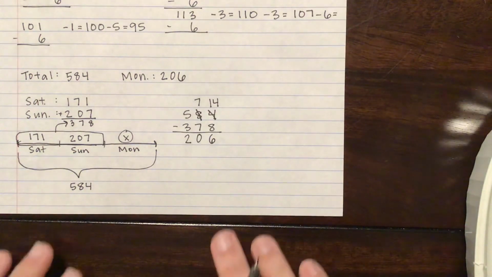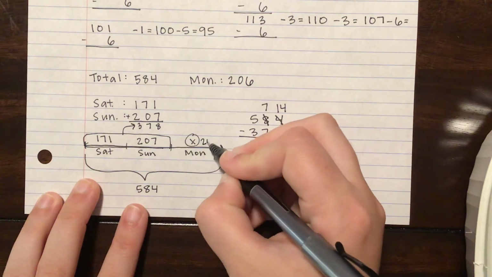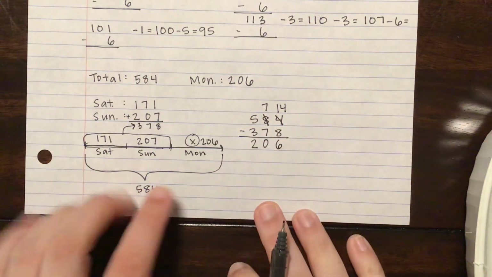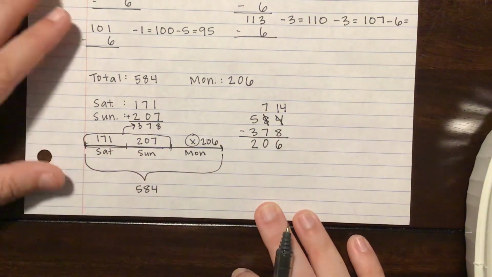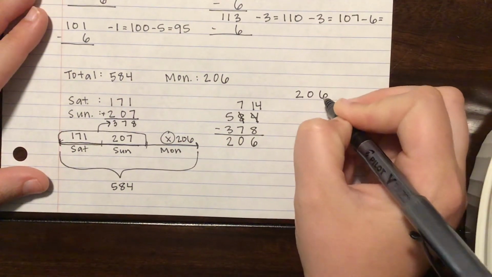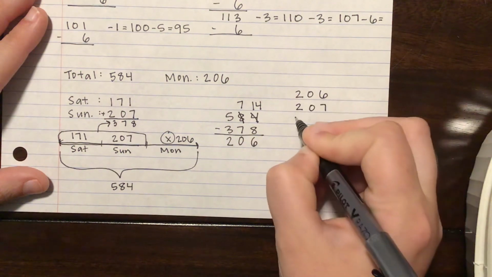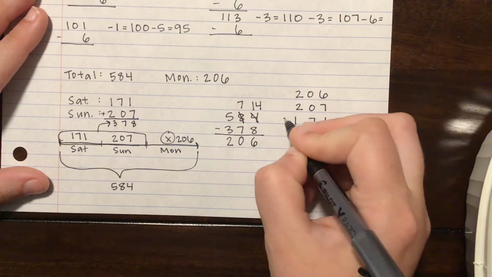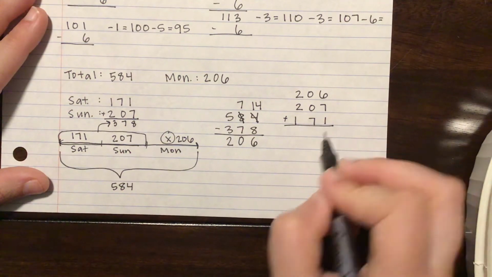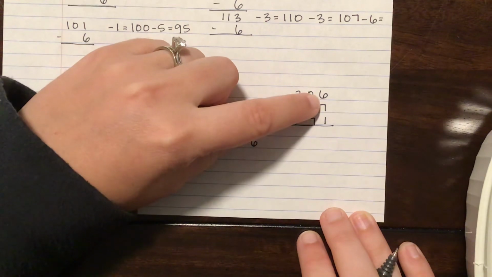Remember, you can check yourself by plugging in 206 and adding those 3 together. When I add these numbers in the ones place, I see a 7 and then I see 6 and 1.